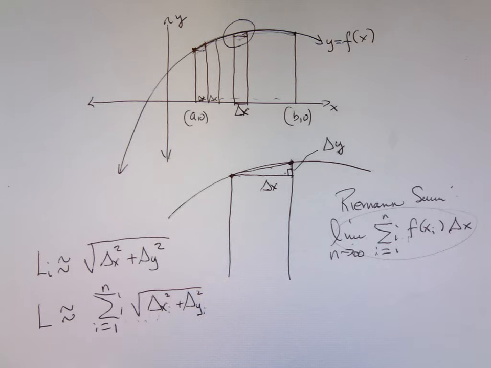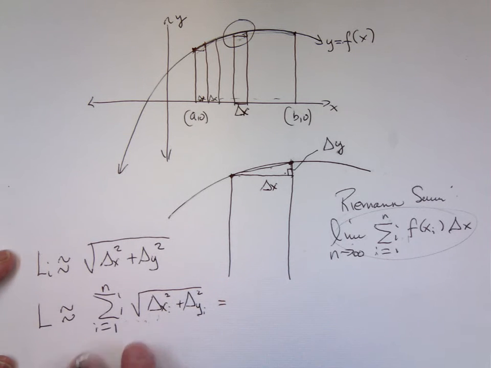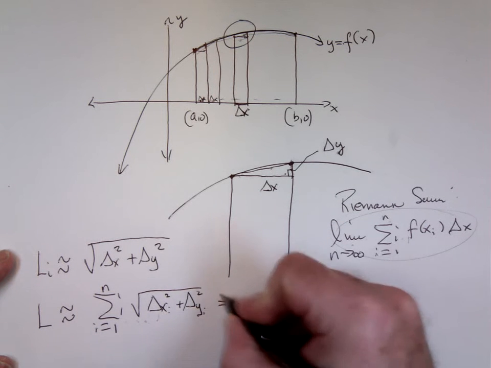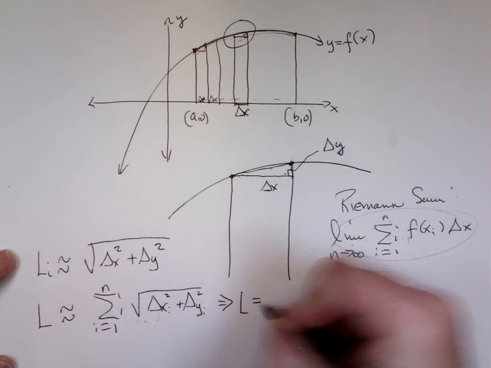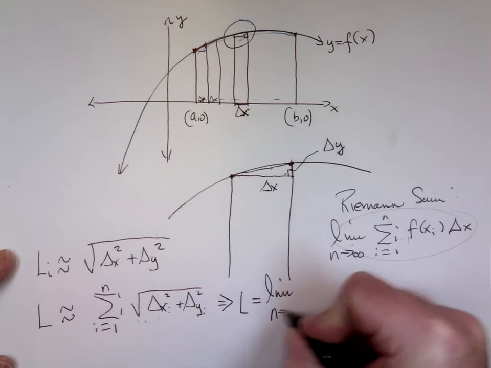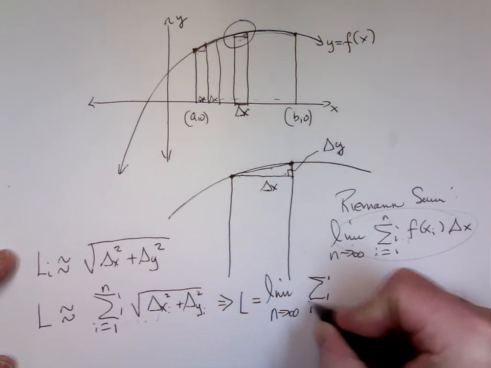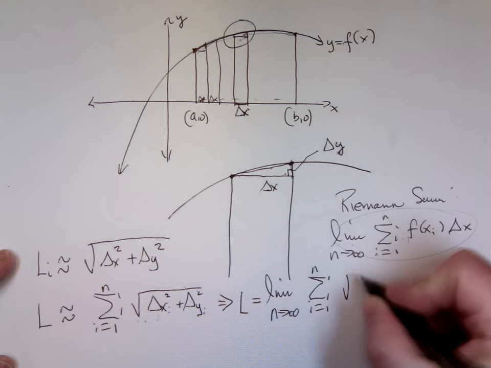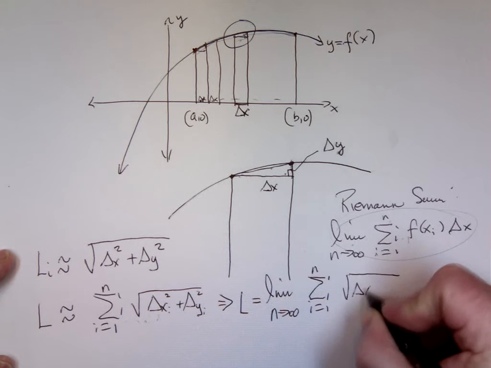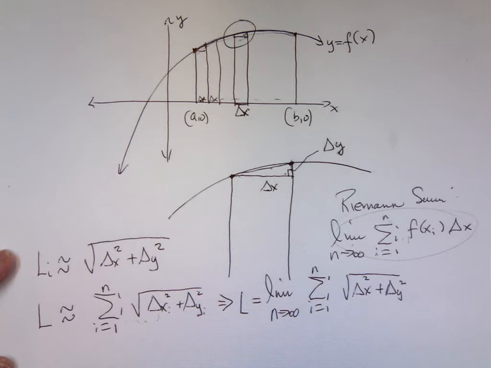We're going to do the following. First of all, I am going to take the limit as n goes to infinity. So the exact length is going to be the limit as n goes to infinity of the sum, but it doesn't look like this.